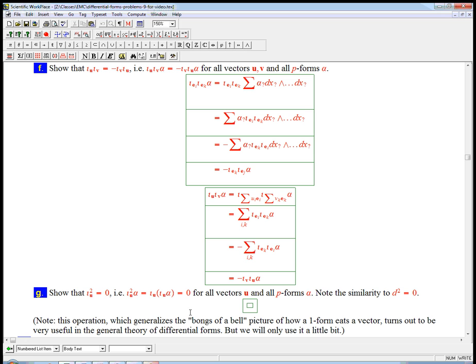So let's look at iota sub u plus v, where u plus v is bold, and I'm going to take that squared. I know that that operation is 0. And just to make it not too abstract, I'll act on some arbitrary alpha, but that's never going to do anything interesting.